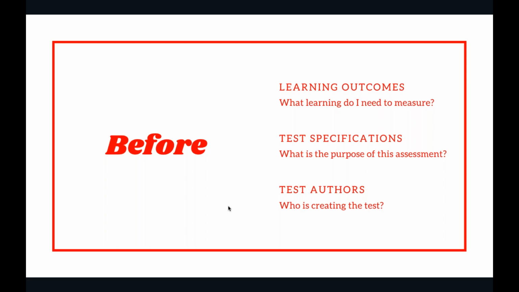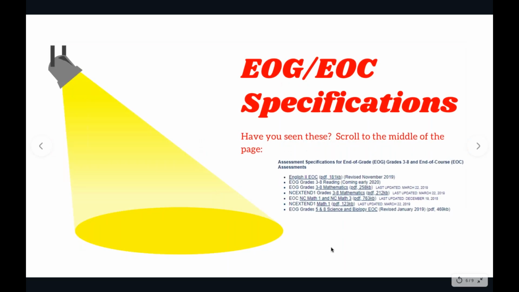So what I'm going to do is model a few of these things when looking at test specifications in particular. There is an EOC specifications sheet that is given out by our testing and accountability department. Is anyone familiar with these specification sheets?